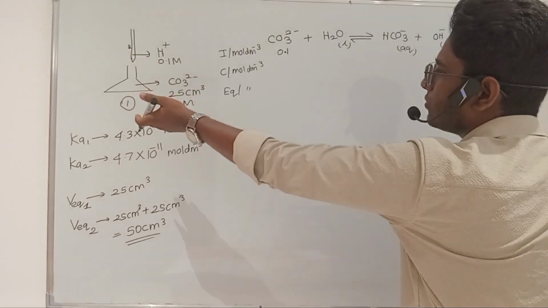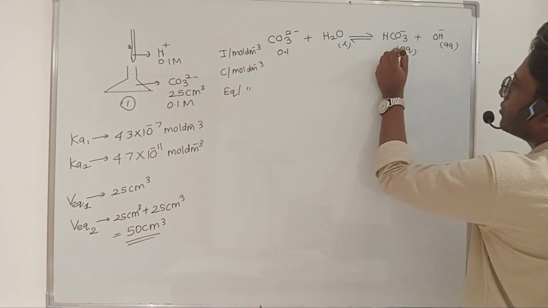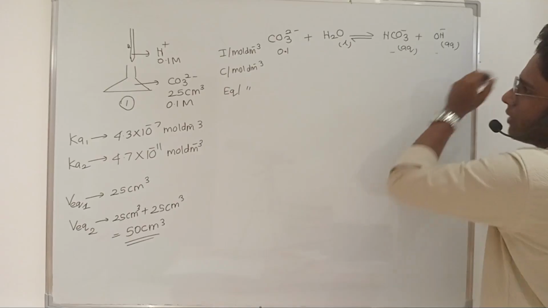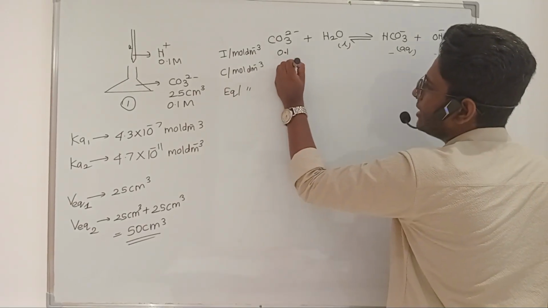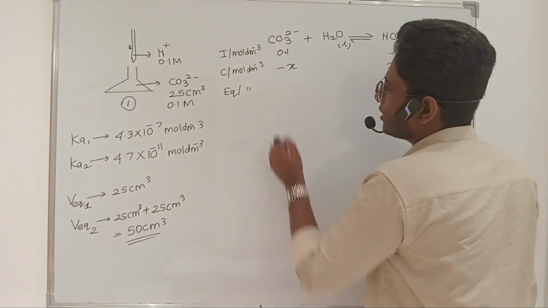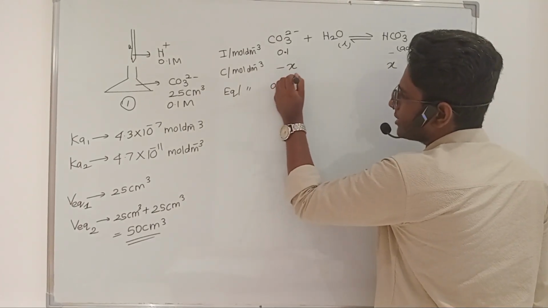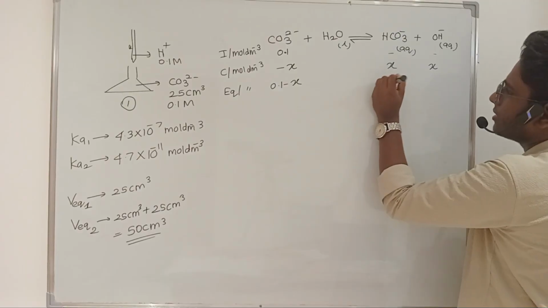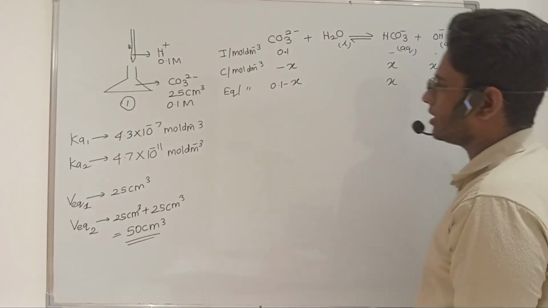There is no bicarbonate initially. Now X amount will be breaking, X amount will be forming, X amount will be forming. At equilibrium you will have 0.1 minus X, and here X, and here X concentration of OH minus, right?